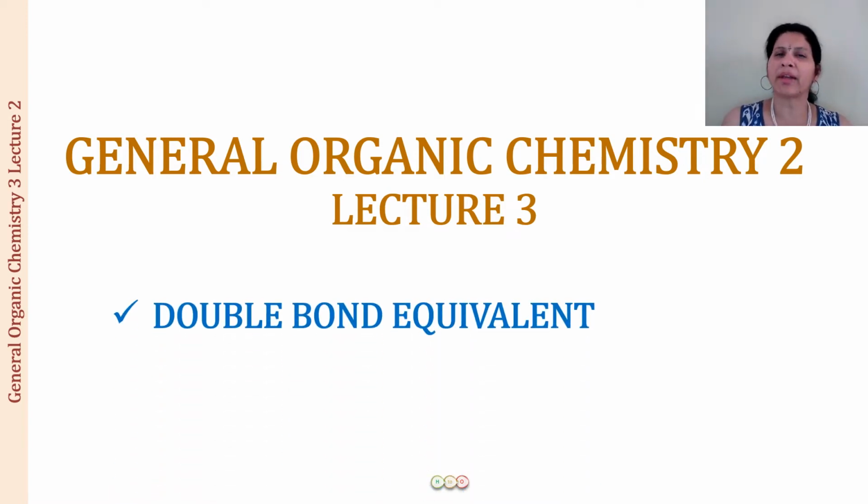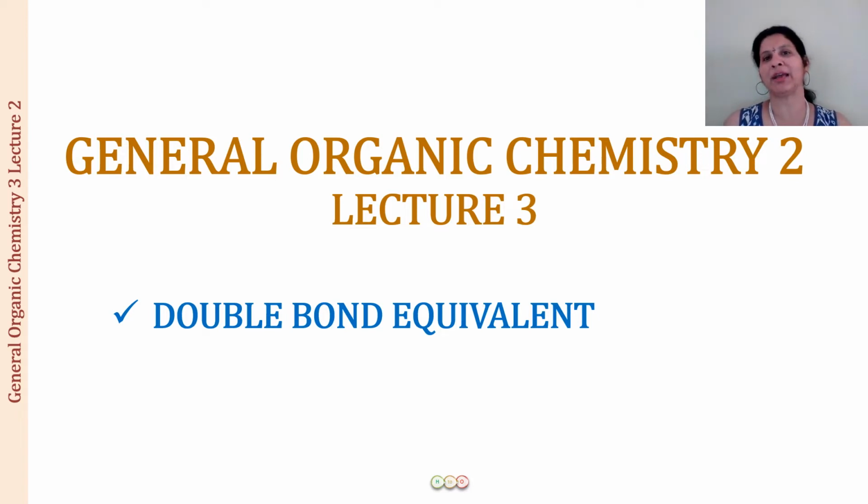This is going to be really helpful to you in drawing the various isomers for a particular molecular formula, right? I hope you are going to really enjoy this lecture, because the moment you see a molecular formula, you will have an understanding with this double bond equivalent of what type of isomers we can draw for a particular formula. Alright, so let us see how we are going to do that.